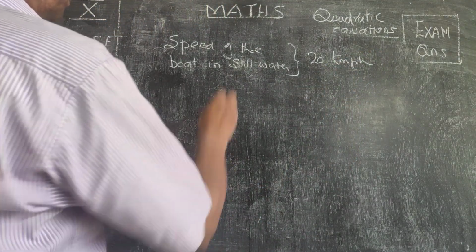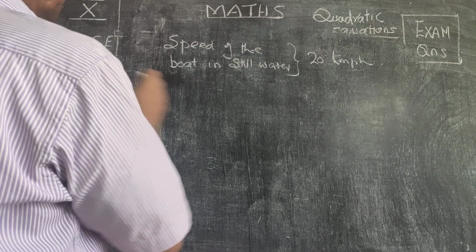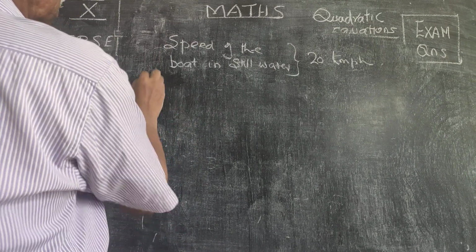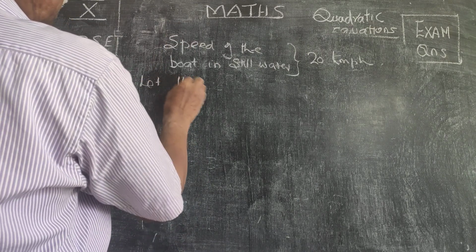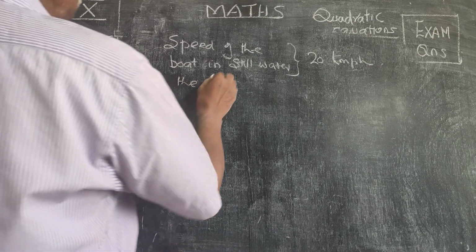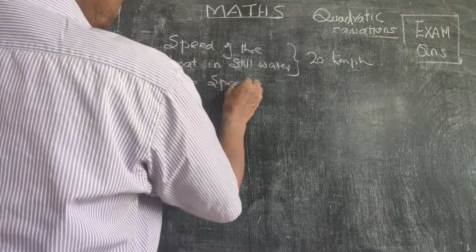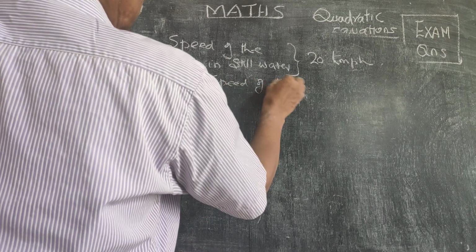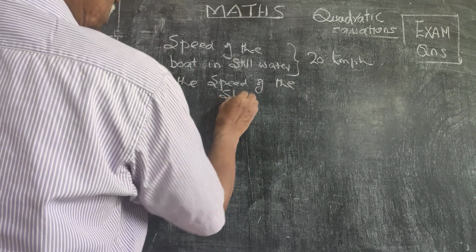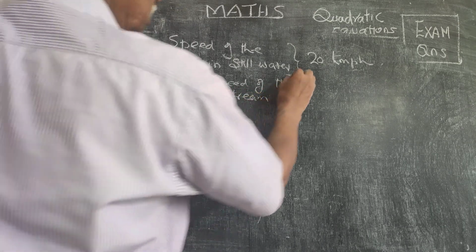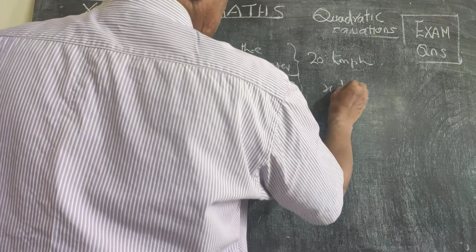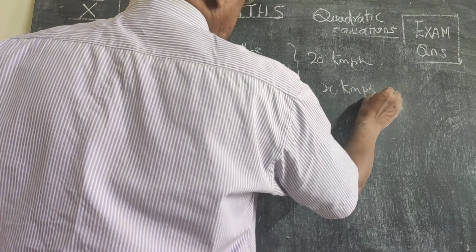But the stream also will have some speed. That is not given, and that is what you are asked to find out. Let us take the speed of the stream as x kilometers per hour.